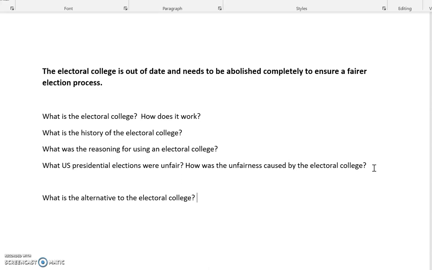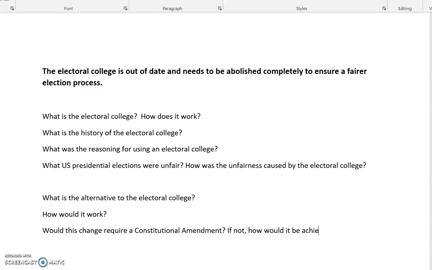But this writer will need to be specific about what's the alternative to the Electoral College. How would it work? Would this change require a constitutional amendment? If not, how would it be achieved?